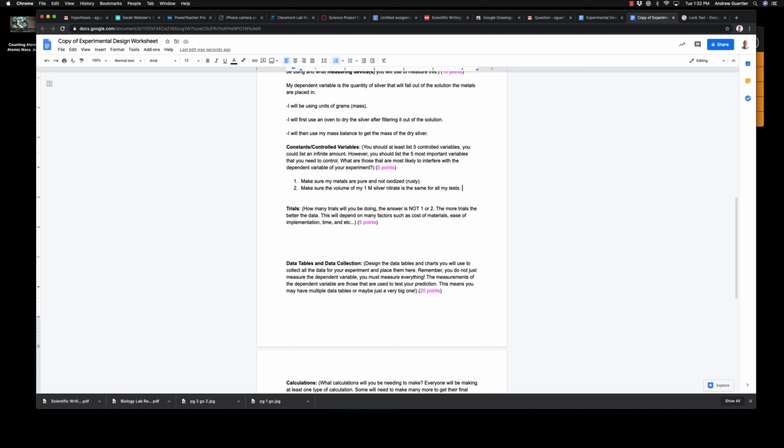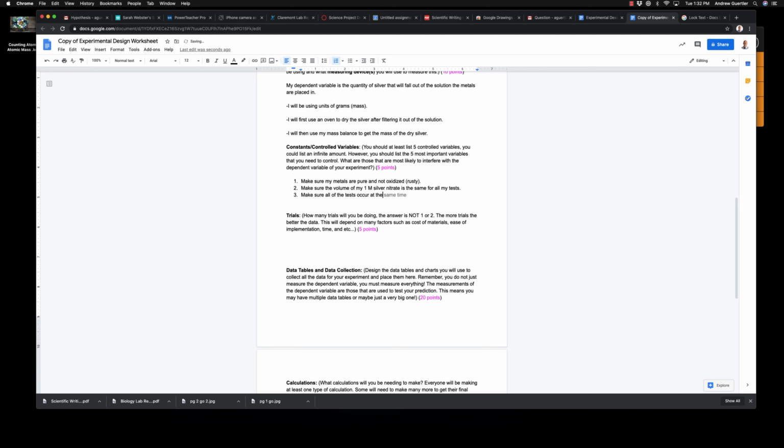So I got to make sure the volumes are the same. What you may not know is that temperature can affect chemical reactions, so I'm going to make sure all of the tests occur at the same temperature.